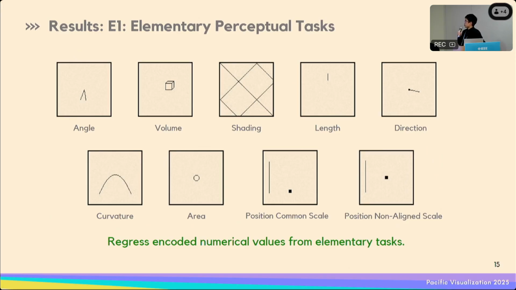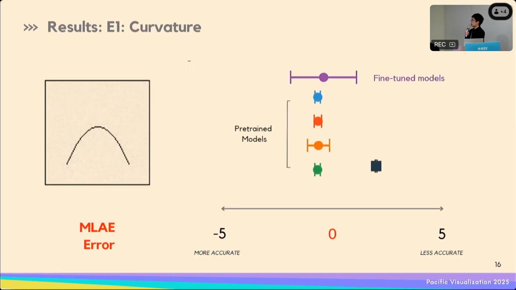This is experiment 1 again, and it's about elementary perceptual tasks where subjects are asked to estimate the encoded numerical values. So for example, in the angle task, the models are asked to estimate the size of a given angle. And here are the results of the curvature task.